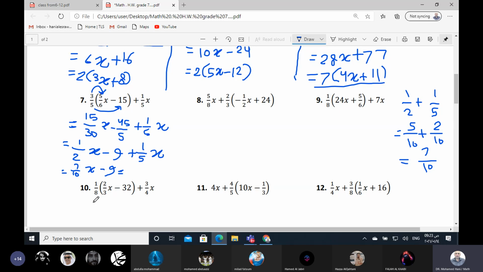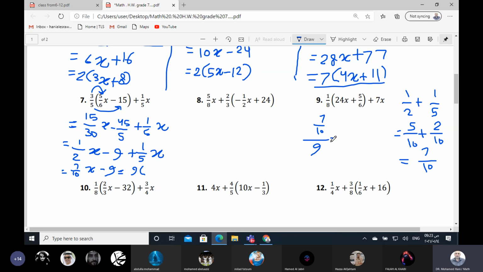And I want to write it in the factored form. Right. If I take 9, you can divide 7 over 10 by 9. For example, here 7 over 10 divided by 9.